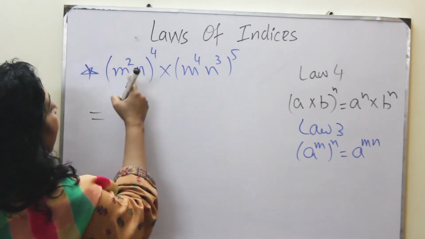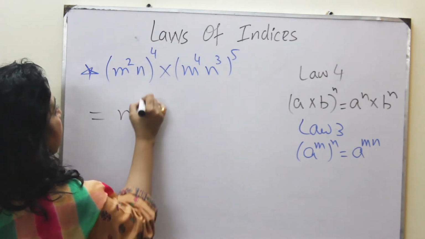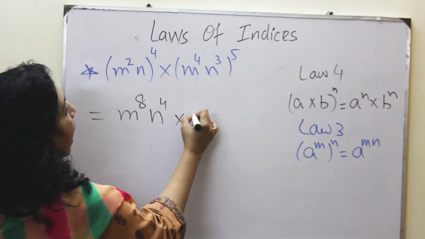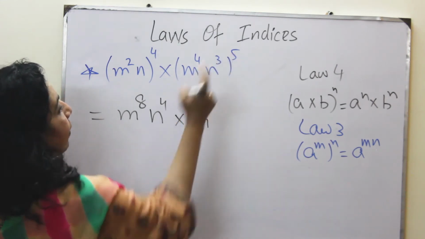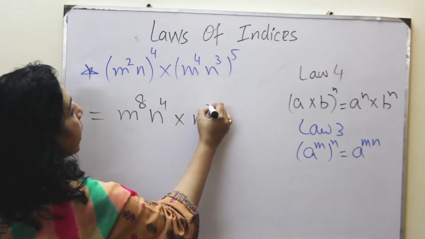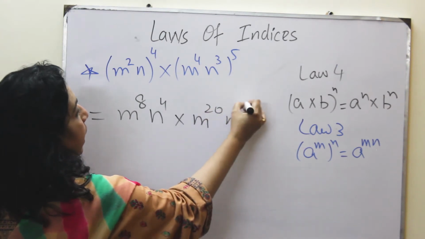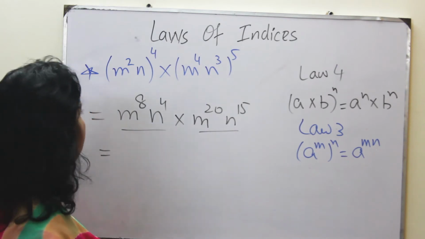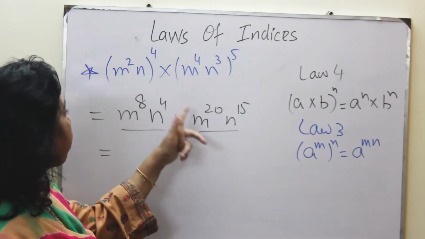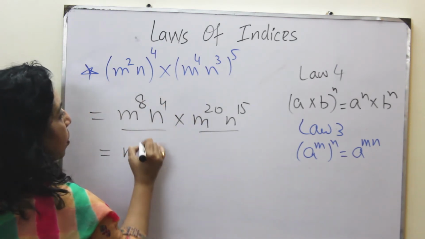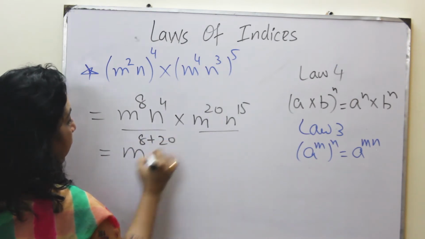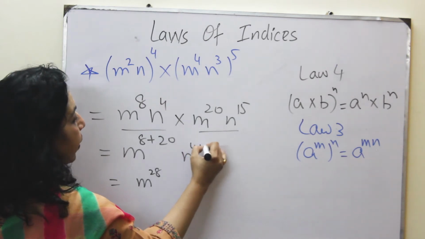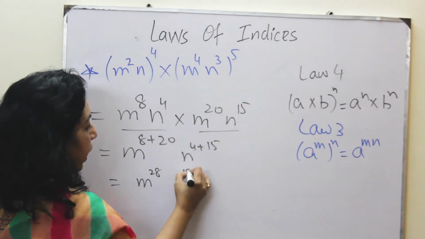So here we have m power 2 times 4 is 8, n power 4 and m power 4 times 5 is 20 and n power 15. Okay, now we are again using law 1, that we have same base and power will be added. So m power 8 plus 20 will give me m power 28, and n power 4 plus 15 will give me n power 19.